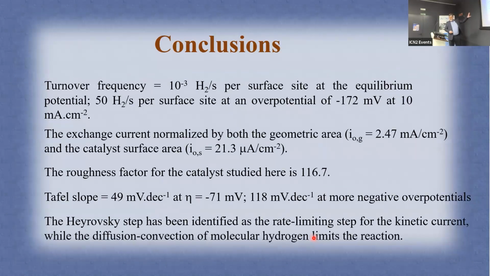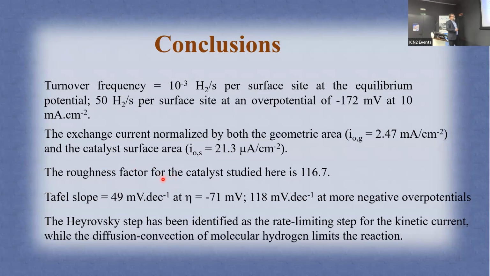the conclusions for the first part: the turnover frequency is close to 0.001 hydrogen per second per surface site at the equilibrium potential, but at 50 hydrogen per second. This is very high. The exchange current normalized by the geometric area and the catalyst surface area are also very high.